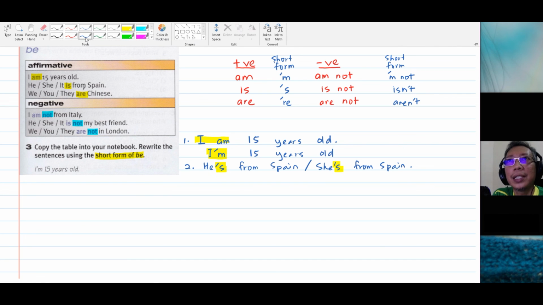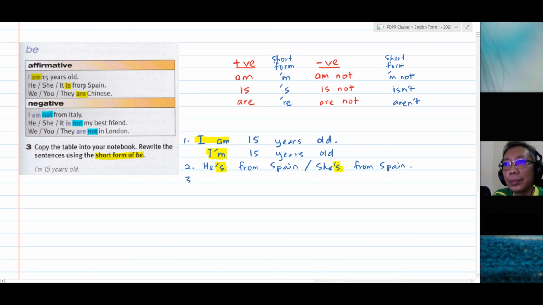Okay, the next sentence, we. The short form is we're Chinese. If you take you, you're Chinese. If you take they, they're Chinese.